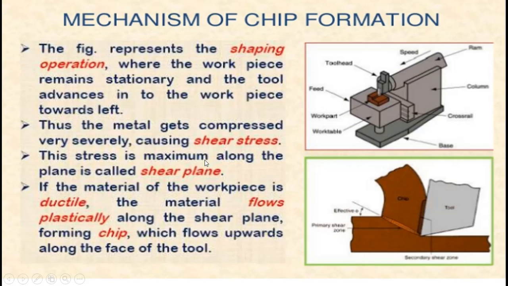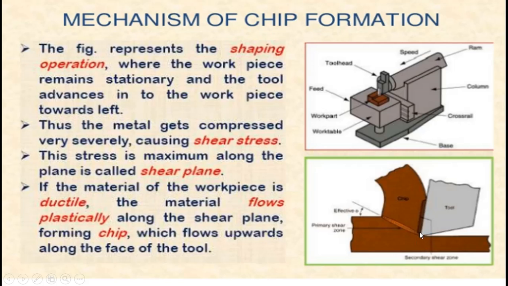Next, we have the mechanism of chip formation. Here, they have shown a shaping operation where the workpiece remains stationary and a single point cutting tool is brought in contact with the workpiece and moves forward, say towards the left.